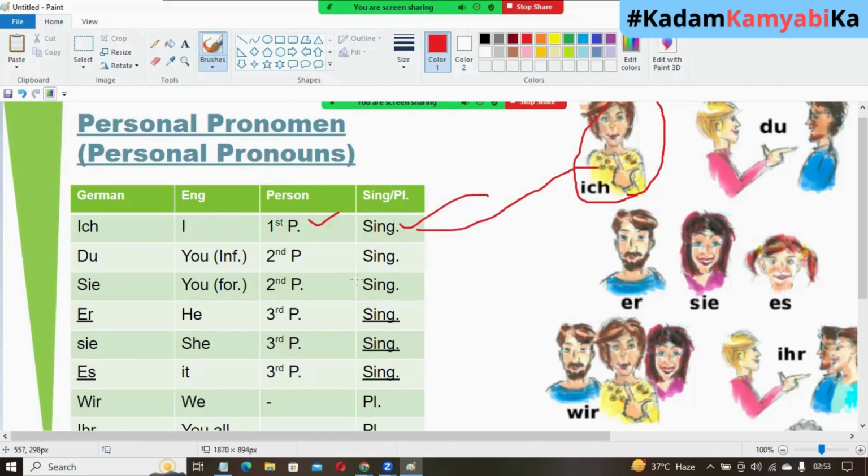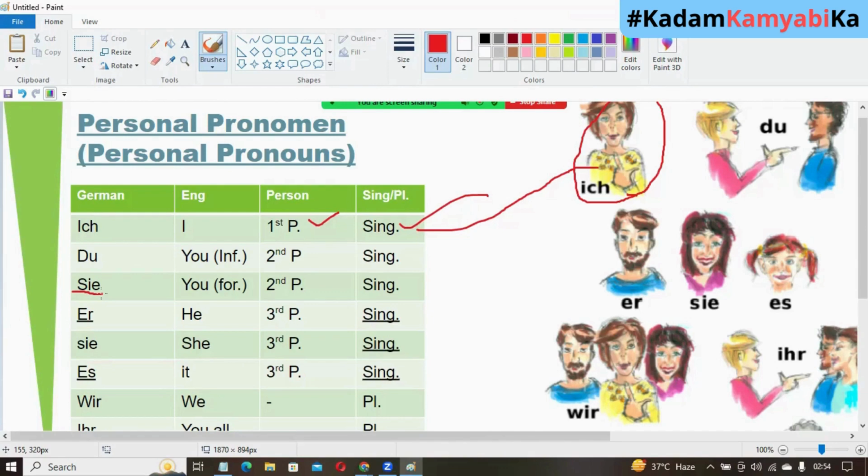However, if you're talking to another person on a formal note, it will be capital Sie, which means S will be capital. It means you are referring to somebody on a formal note. In English, there is no segregation. We refer to everybody as you, either you're talking to parents or to friends. But in German, we do have this segregation.